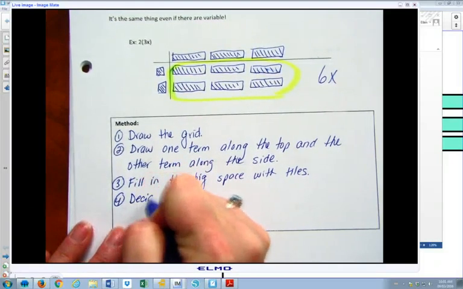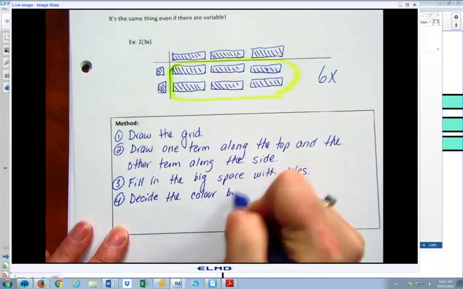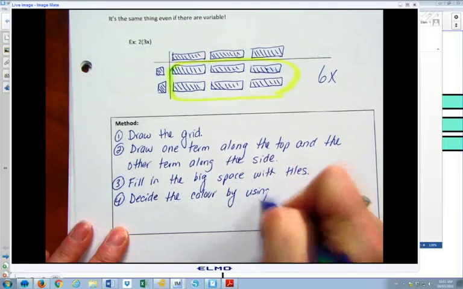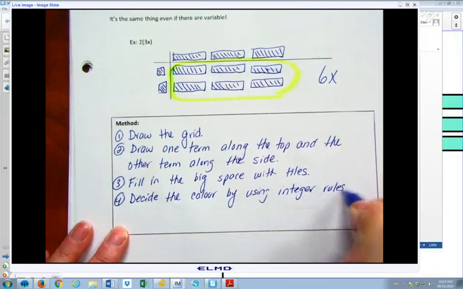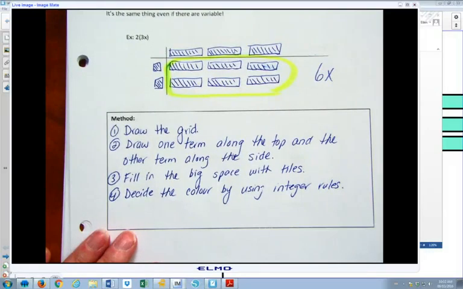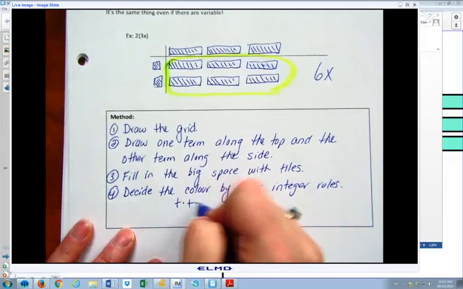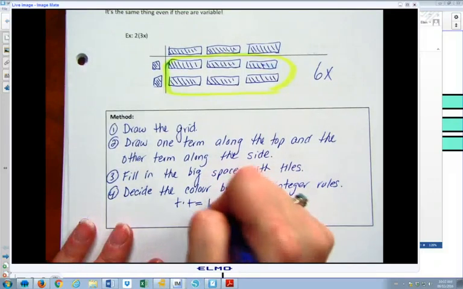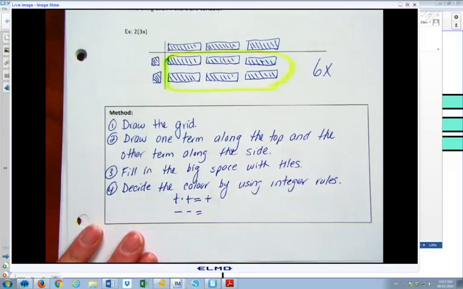Decide the color by using integer rules. A positive times a positive is positive. Negative times negative is positive.